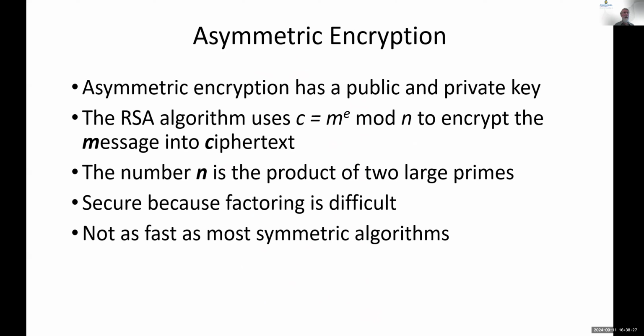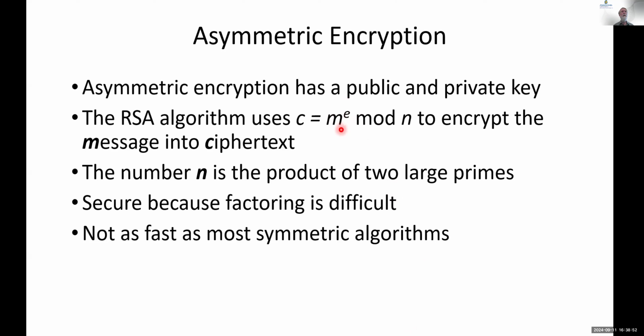Asymmetric encryption, often called public key encryption, has two keys that are related mathematically. We've talked about how you make the keys. They are separate. Their size is usually a couple thousand bits. 3,000 bits, 4,000 bits are a very popular size. That is the value n.